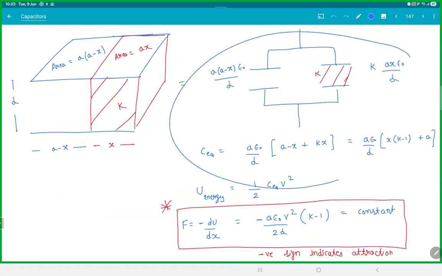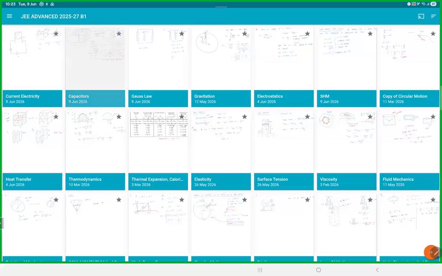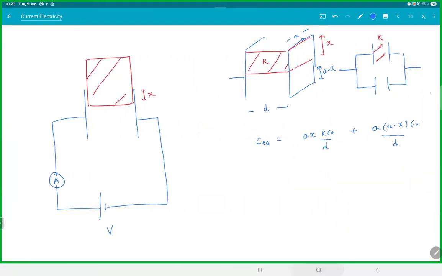See, exactly the same stuff. Instead of up and down, it is left and right. We get C equivalent will be A epsilon by D into A minus X plus Kx. What is the charge on the capacitor? Q is equal to C equivalent into V, which is A epsilon V by D into A plus X into K minus 1.